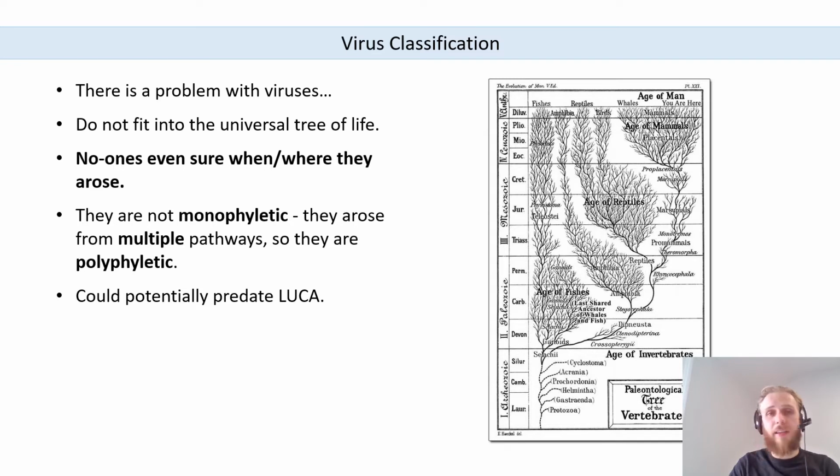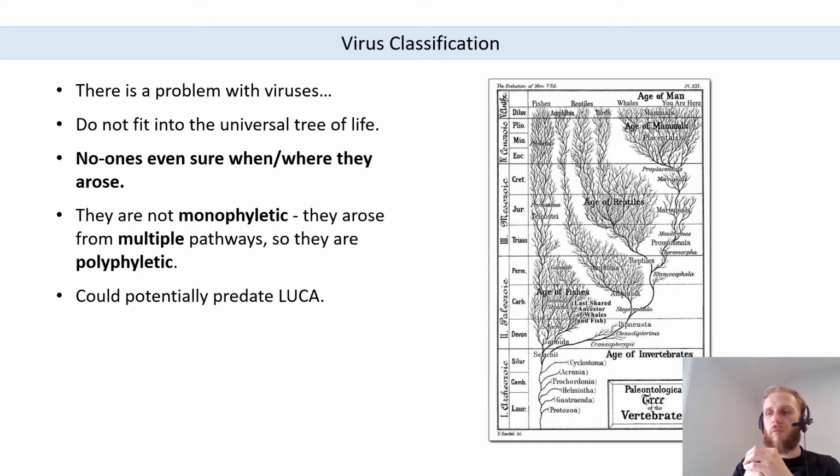What you actually see is, even when you sequence all the viral genomes and you try and look at how viruses are related to each other, you can't answer that question either. They don't even fit in that way. So not only do viruses not fit on this tree of life, but they don't even appear to fit on their own tree of life. The best organization efforts have ended up with at least 7 different branches of viruses.